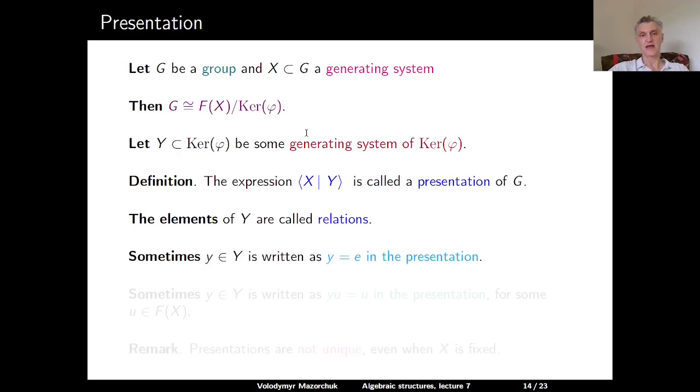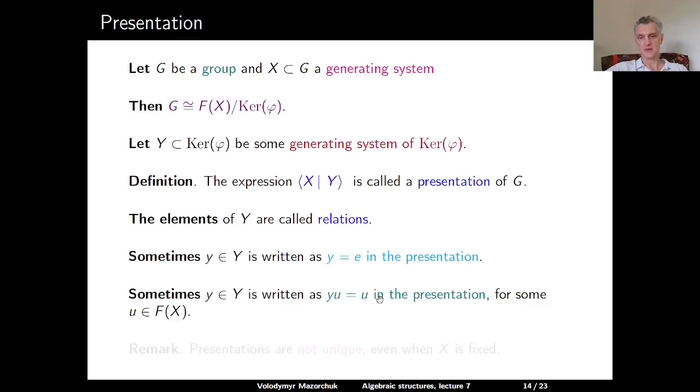Sometimes, instead of just taking an element y in this set of relations, one writes it as y is equal to the identity in the presentation. And sometimes, even more complicated, instead of talking about an element y in Y, one writes that y times u is equal to u for some element u in the free group. So one expresses an element in the form of a certain relation.